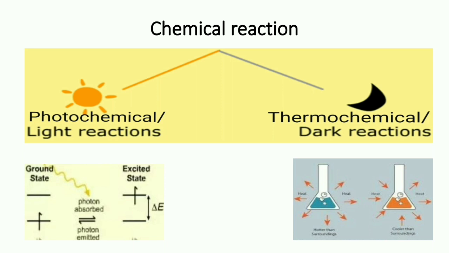On the other hand, the photochemical reactions can take place only in the presence of the appropriate electromagnetic radiations. They are also called the light reactions. The temperature of the system does not have a significant effect on the rate of the light reactions.